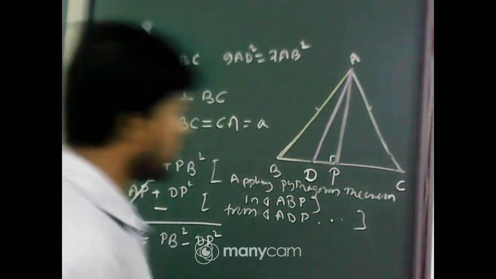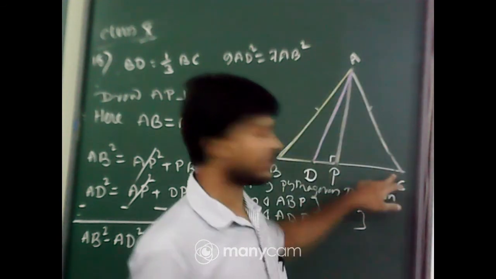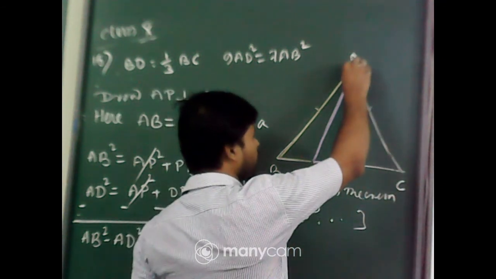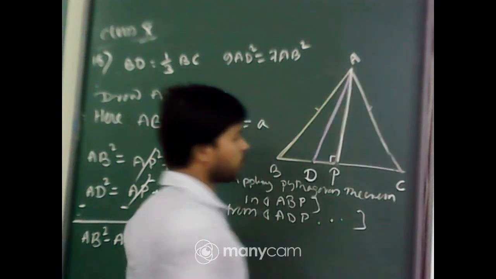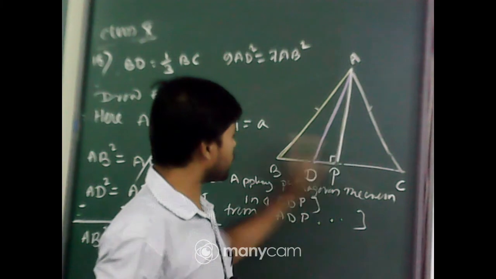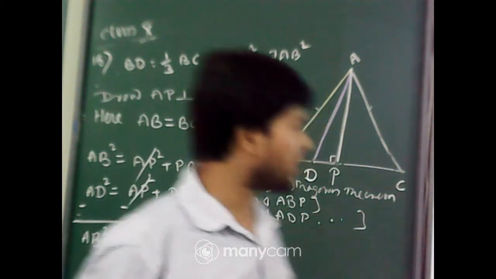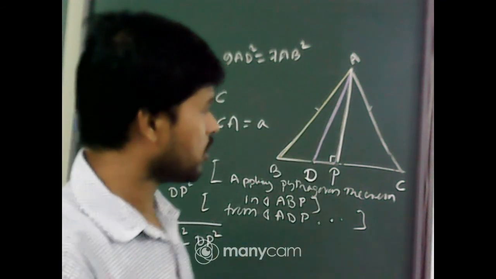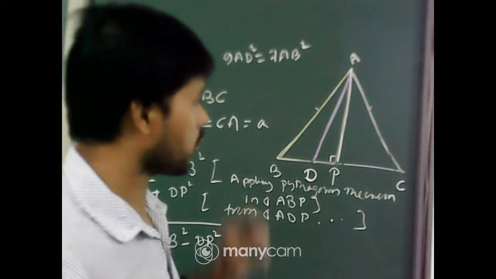Now look, we know that ABC is an equilateral triangle, and if I draw a perpendicular line from the vertex to the opposite side, then this line will bisect the base. Is it true or false?